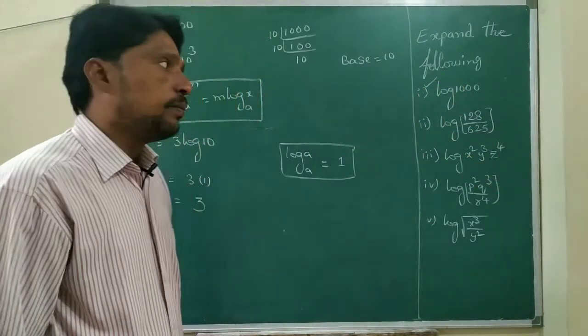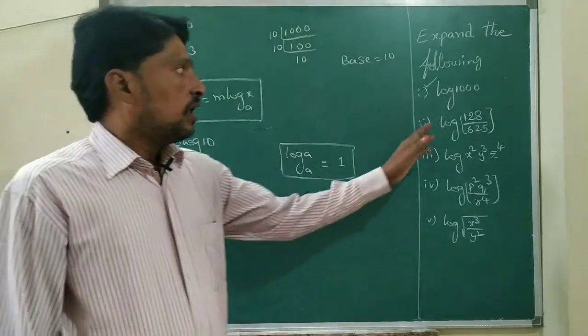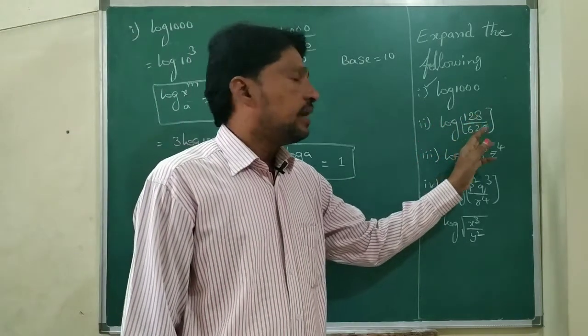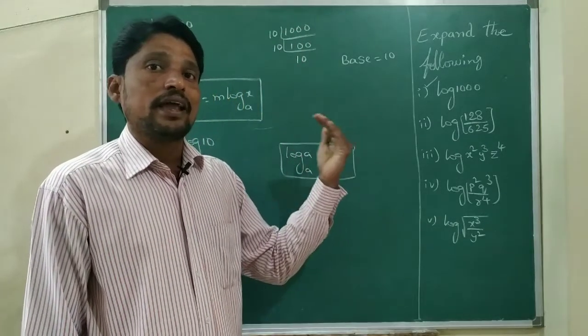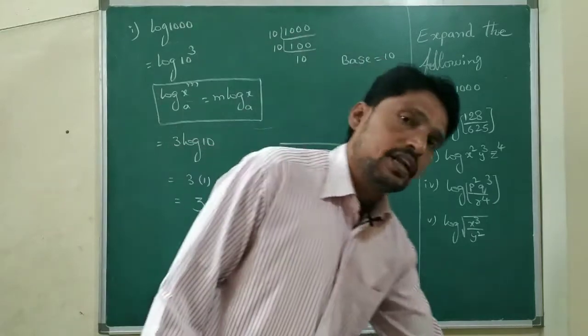Now the second one, log 128 by 625. It is of the form log x by y. So which property do we have to use?